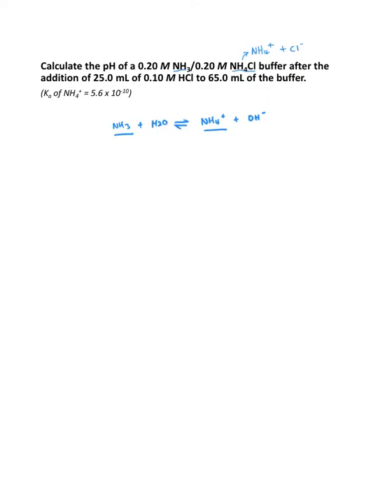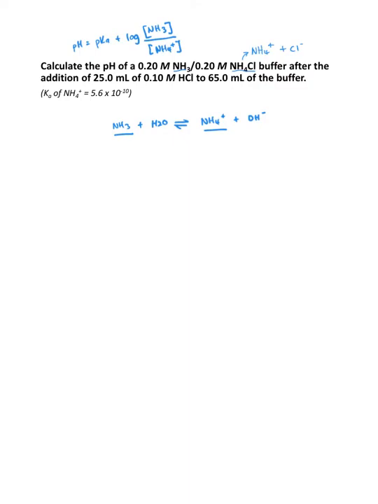So here you are asked to calculate the pH, and for buffer solutions, you can use the Henderson-Hasselbalch equation to calculate pH. So pH equals pKa plus log of the conjugate base, in this case NH3, divided by the conjugate acid, which in this case is NH4+.